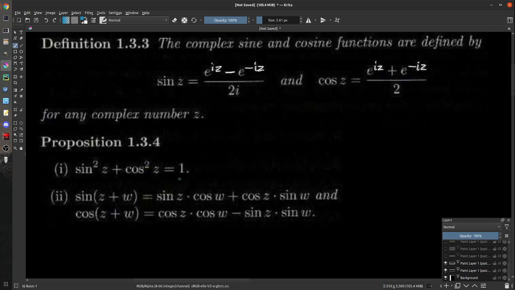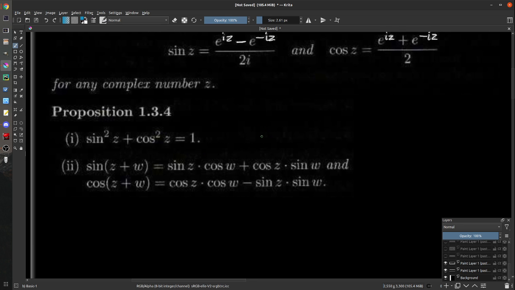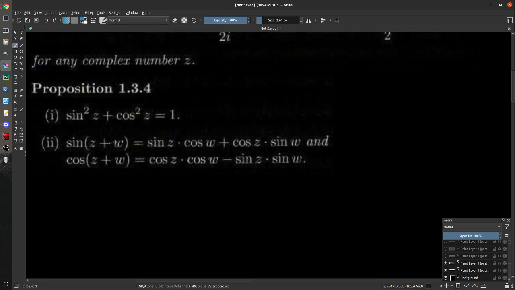For example, their squares sum to 1. Sine squared z plus cosine squared z is 1. This just says that you're still sitting on the unit circle, right? You've got nice identities like the sine of a sum is sine of the first piece times cosine of the second piece plus cosine of the first piece times sine of the second piece.